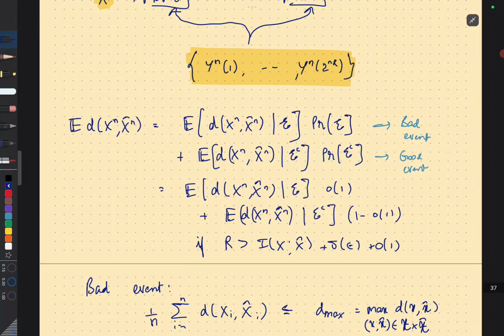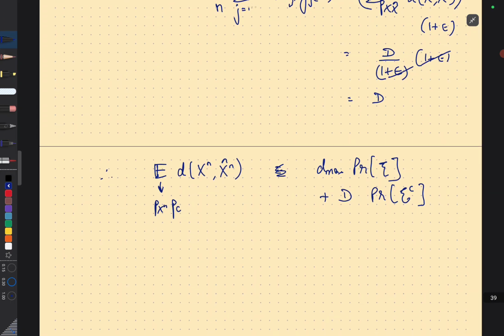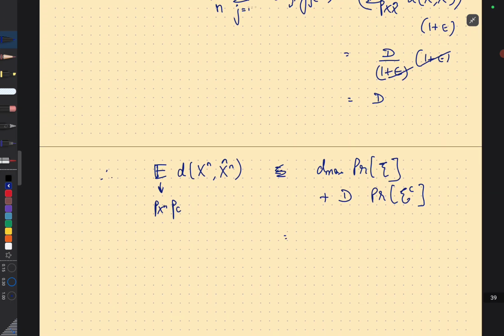And this follows from what we had over here. The probability of the bad event is anyway vanishing in n, so this is little o of 1, plus the probability of the good event is something that tends to 1. So overall this is just D plus some quantity that vanishes as n tends to infinity.